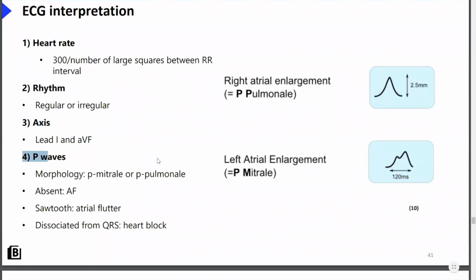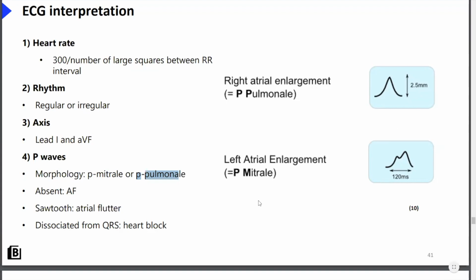Step 4, look at the P waves. Someone's asked what an irregular pattern looks like. It's coming, don't worry. So look at the morphology: P mitrale or P pulmonale. P mitrale is a bifid P wave. P pulmonale is a peaked P wave. And P pulmonale signifies right atrial enlargement, and P mitrale signifies left atrial enlargement.